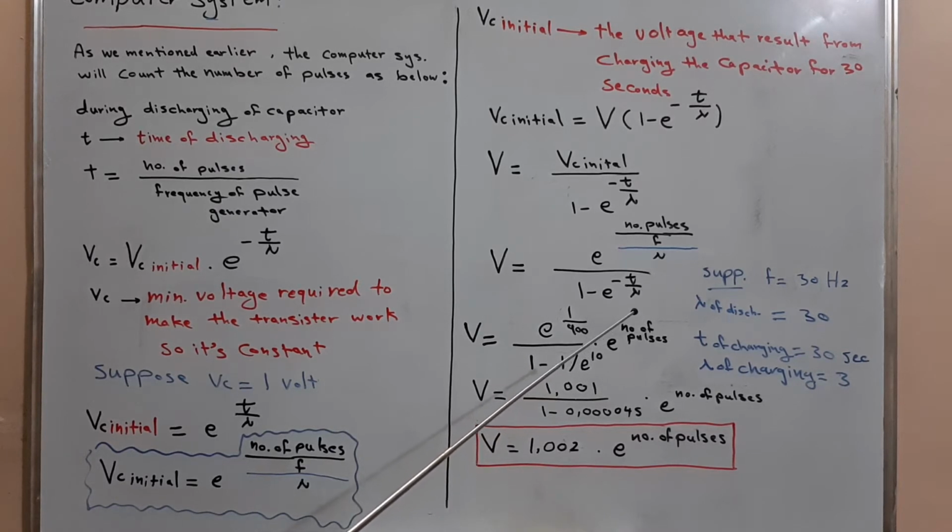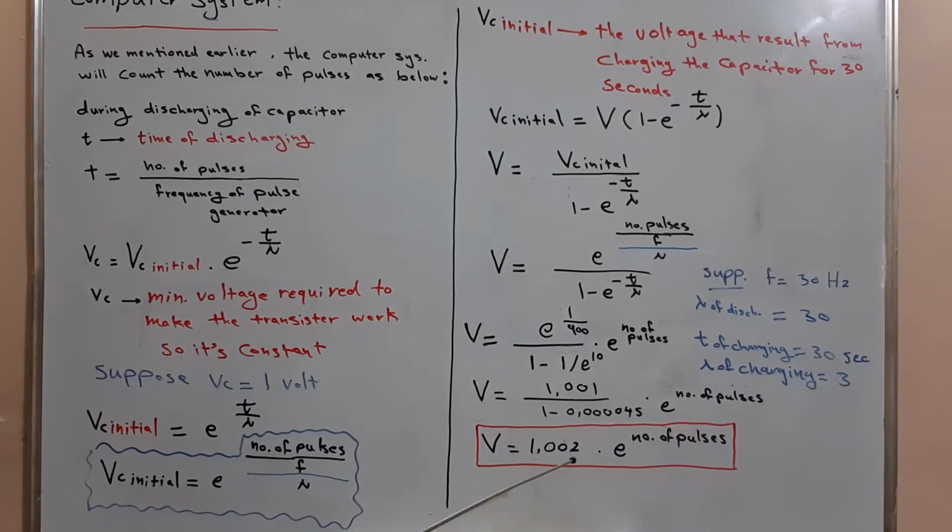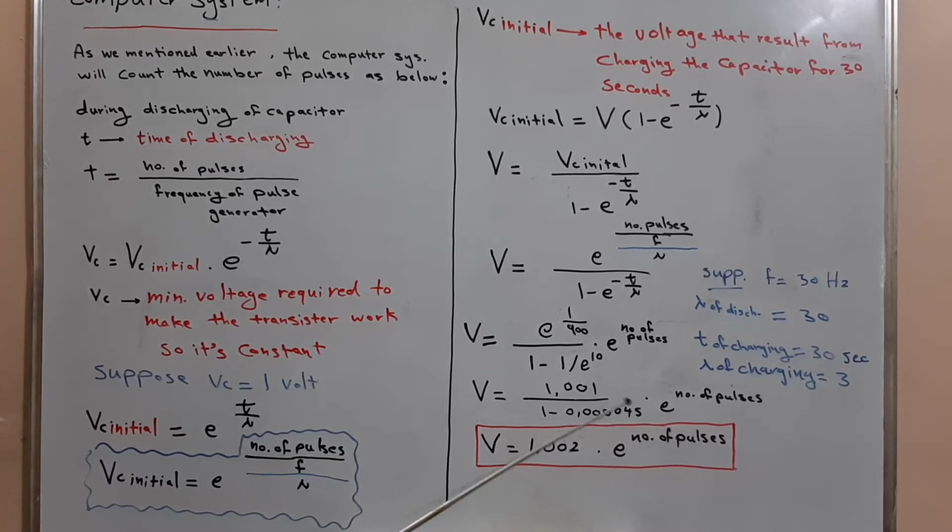By the simplification of the equation, we will get that V is equal to 1.002 multiplied by e to the power of number of pulses, and the computer system will calculate this equation.